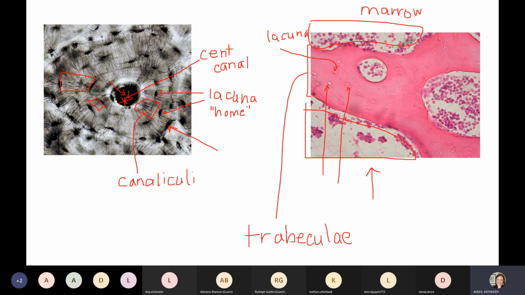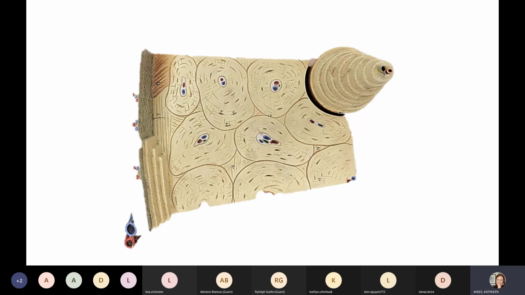All right, so we're going to transition then from looking at the tissues into looking at a model that would show me my compact bone tissue up close and personal. So on the next page of your lab packet, you have some models that look like this. There's two different pictures of this.